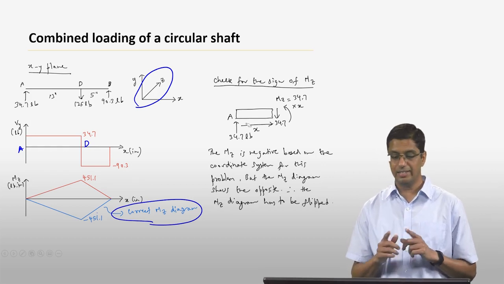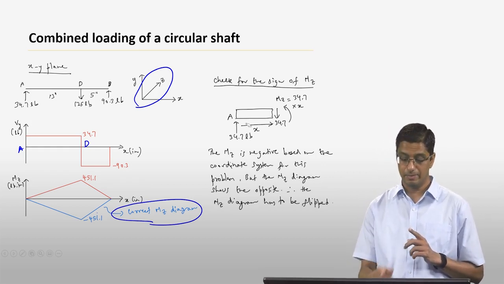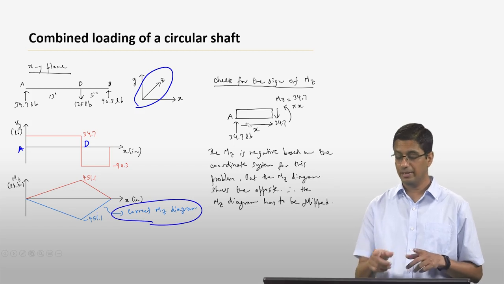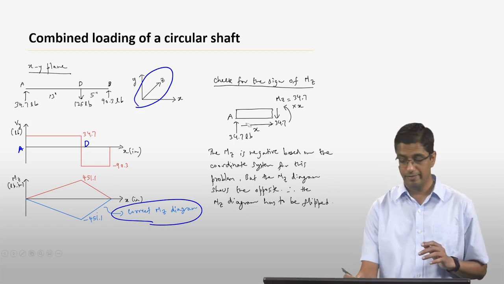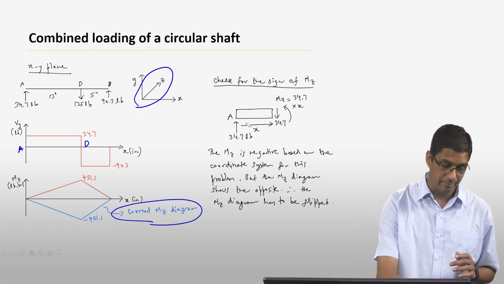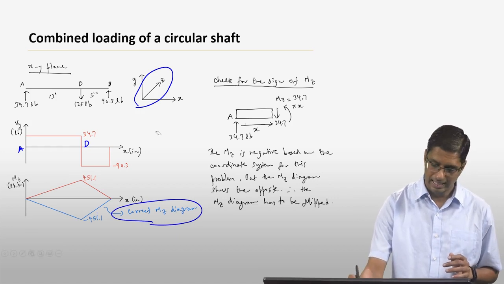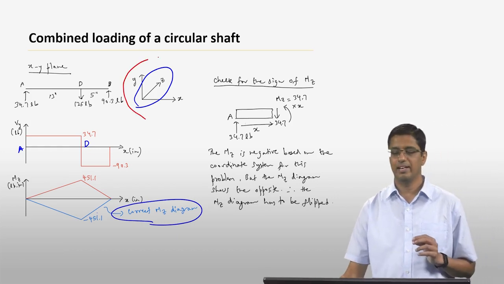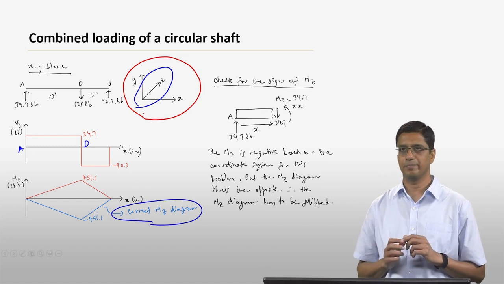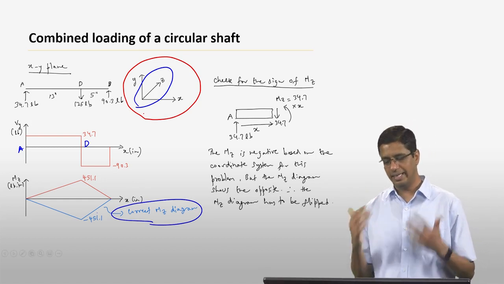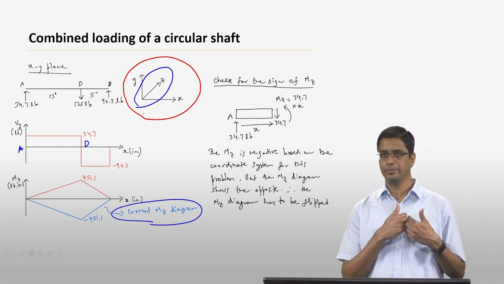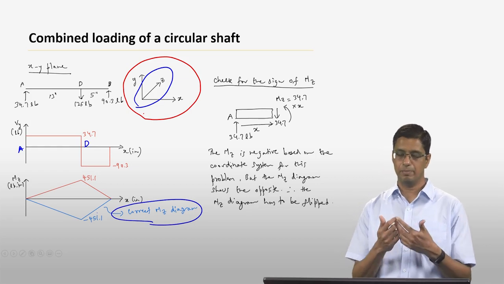The reason that we have to flip this particular diagram here is because the coordinate system provided here is not, in some sense, a regular right-handed coordinate system. In a right-handed coordinate system, the z would be pointing out, but in this particular case, the z is pointing in.